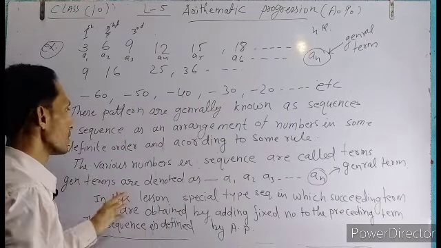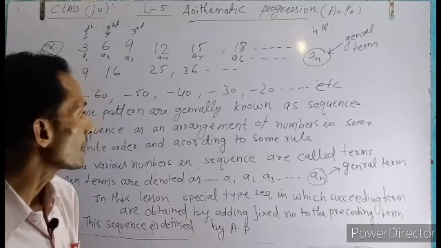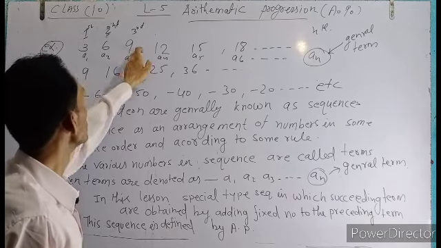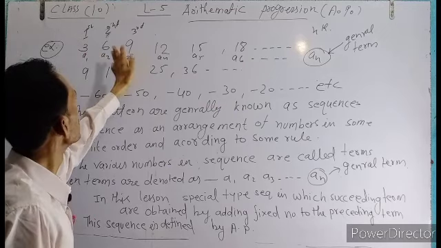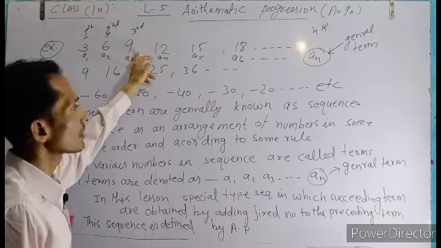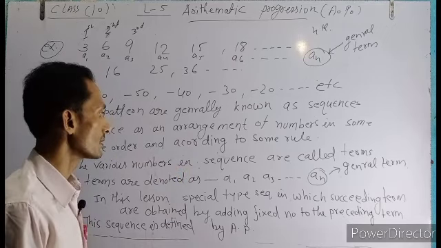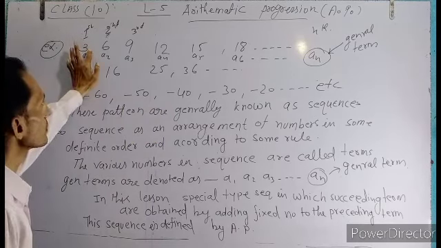In this chapter we will discuss a special type of sequence in which succeeding terms are obtained. Succeeding means coming after, the next term. The next number comes after the previous term by adding some fixed number to the preceding term. If we add 3 here, we get 6.